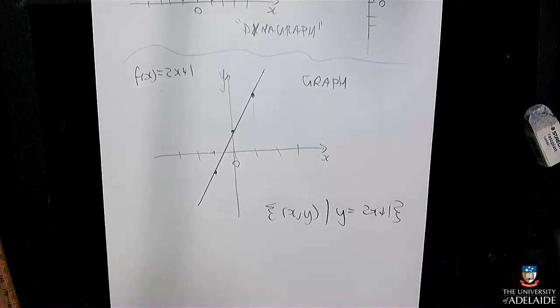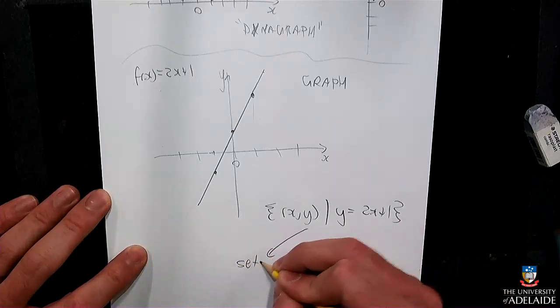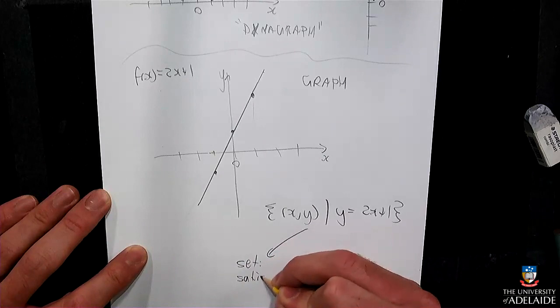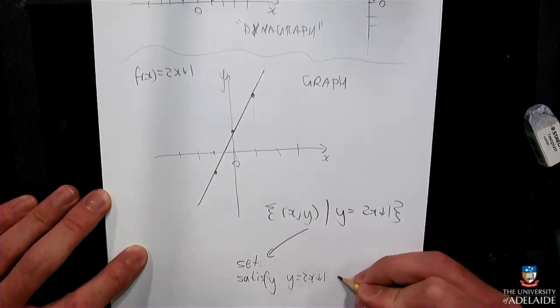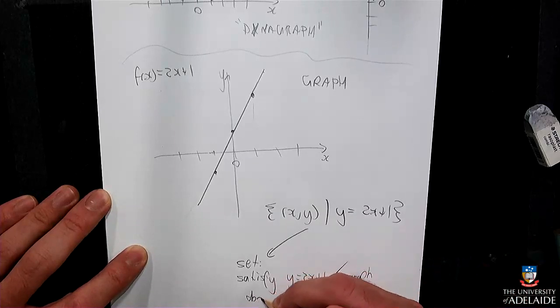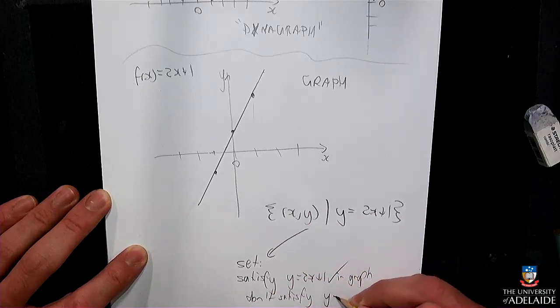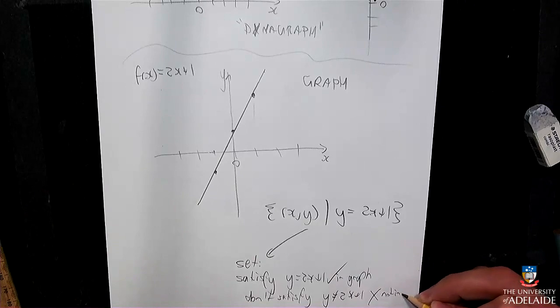would be that. So this equation can be interpreted in two different ways. I can interpret it as just a straight up set: if you satisfy y equals 2x plus 1, then you're in the graph, and if you don't satisfy it, i.e. y is not equal to 2x plus 1, then you're not in the graph.